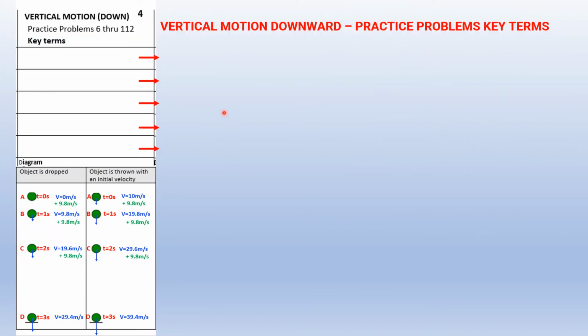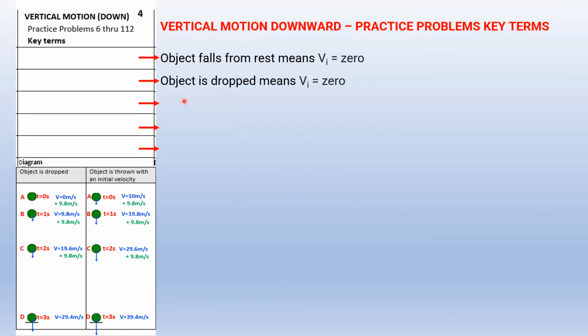Now you are ready to take notes about the key terms for vertical motion downwards. Number 1. Object falls from rest means its initial velocity is 0. Number 2. Object is dropped means its initial velocity is also 0. Number 3. Object falls and velocity is not mentioned in the question.